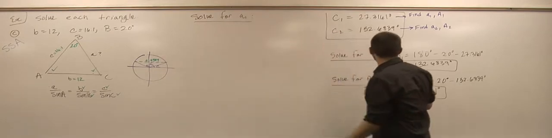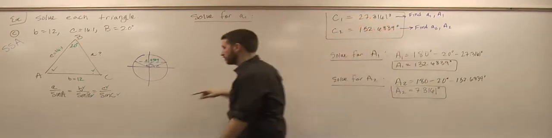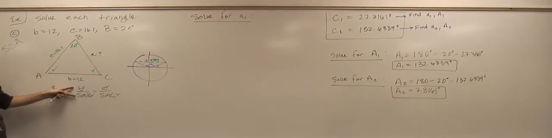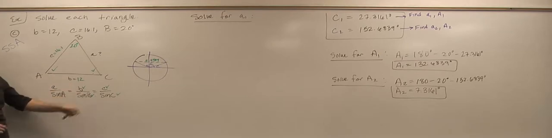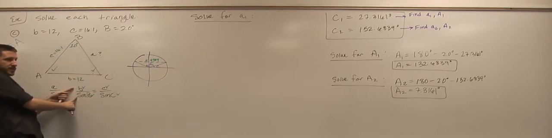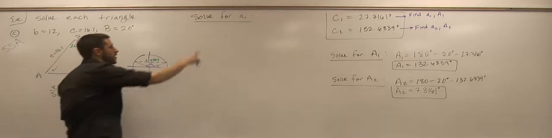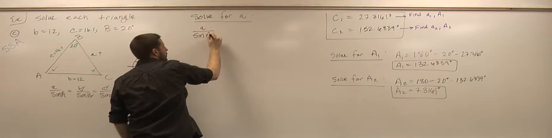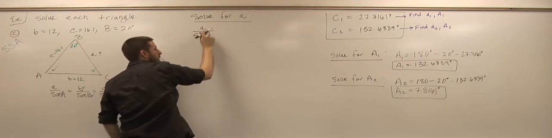For little a1, I'm going to use, let's see, I know big A1. Should I use B and sine B, or should I use C and sine C? Yeah, you want to use B and sine B because those are the given information. So to solve for little a1, I'm going to set up a over sine big A, but I'm going to use big A1.